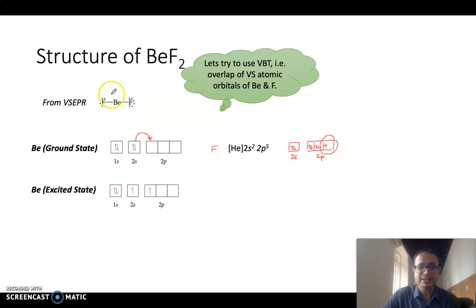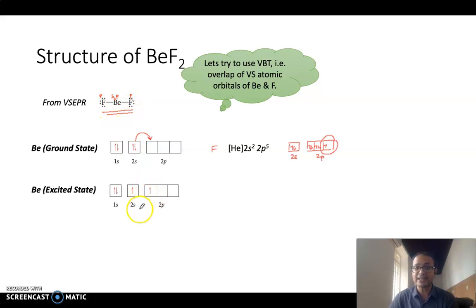So if we consider separately the beryllium atom, we have two sets of orbitals. One is s, one is p. This s will overlap with the p orbital of one fluorine, and this p of the beryllium will overlap with the p orbital of the other fluorine atom. So they are completely two different bonds, but we know from experiment that these two bonds are equivalent. That means they have the same bond length.